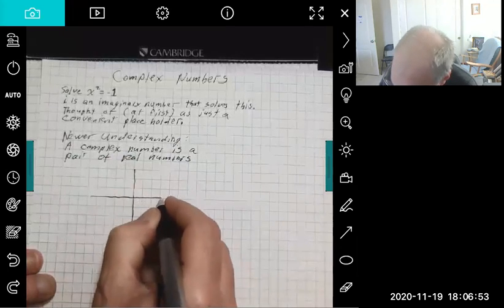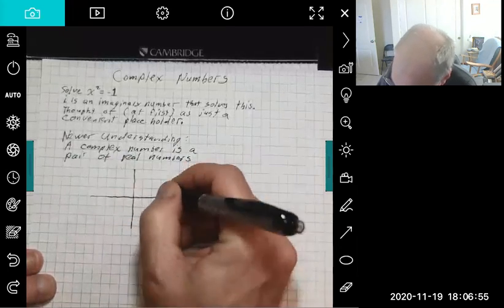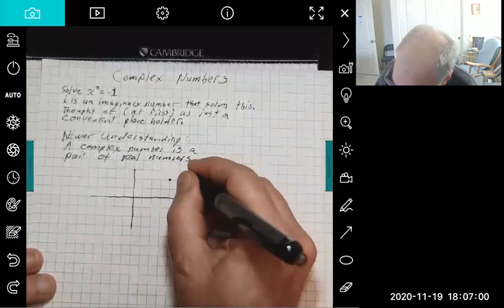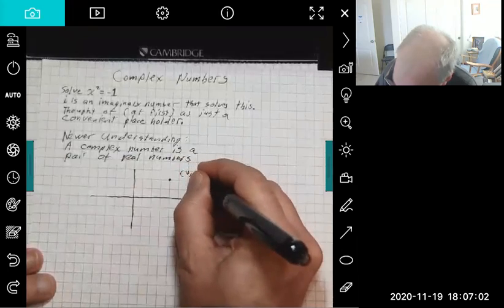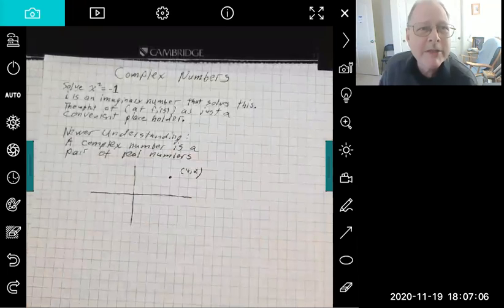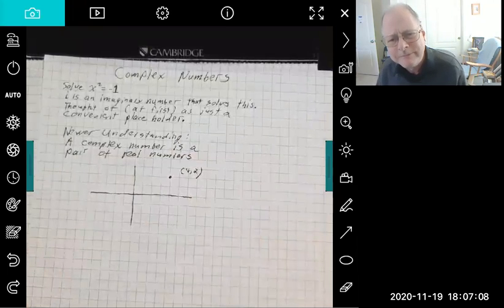And you can picture these in the plane. So like this pair, 4, 2, that's a complex number. A pair of real numbers.